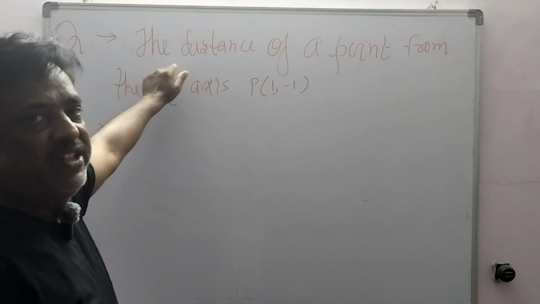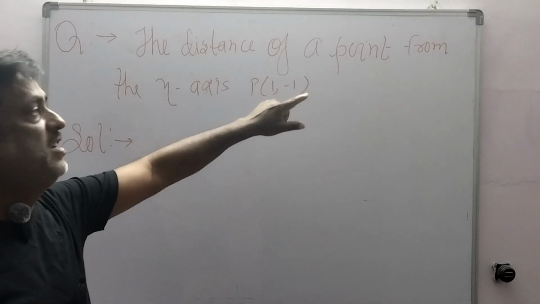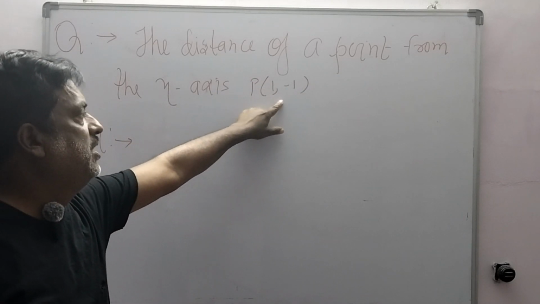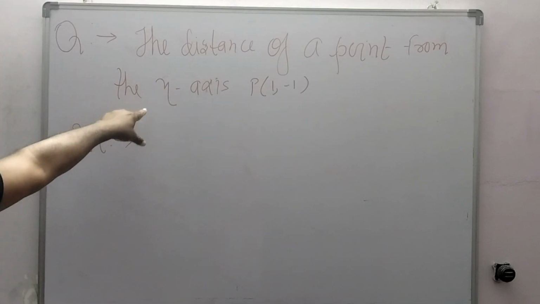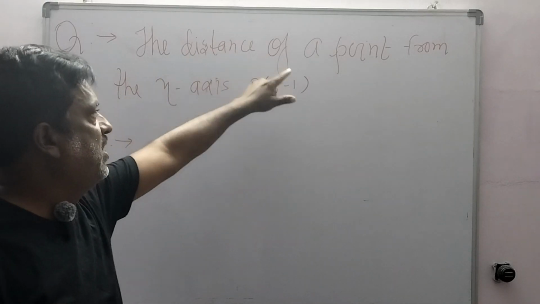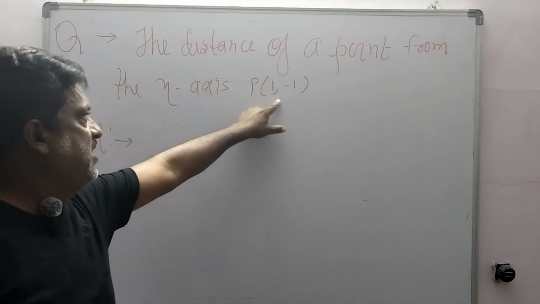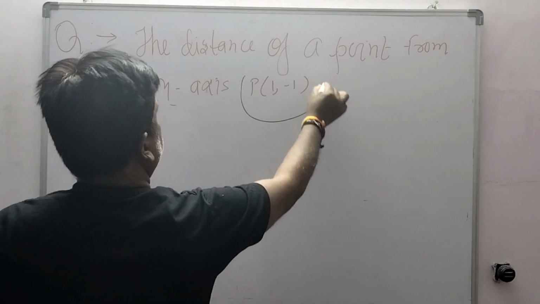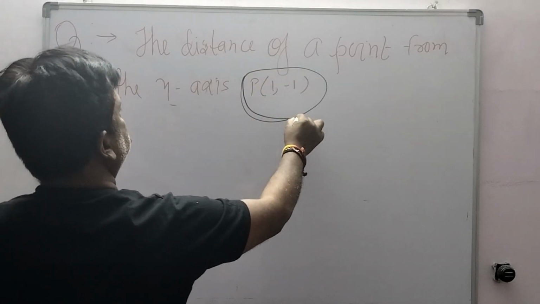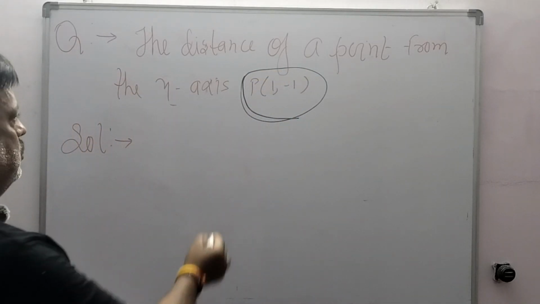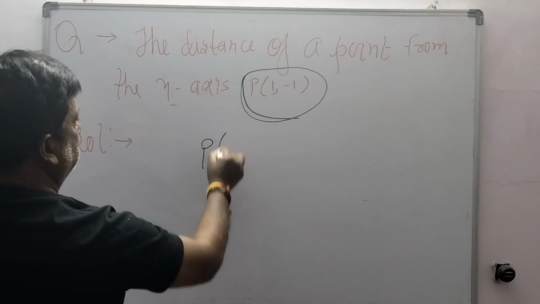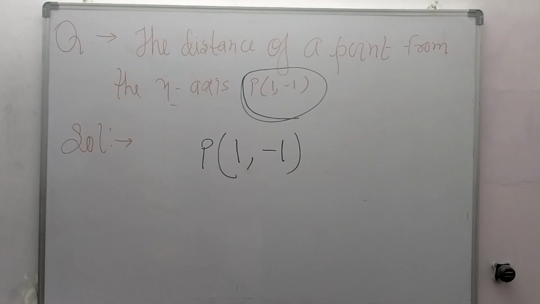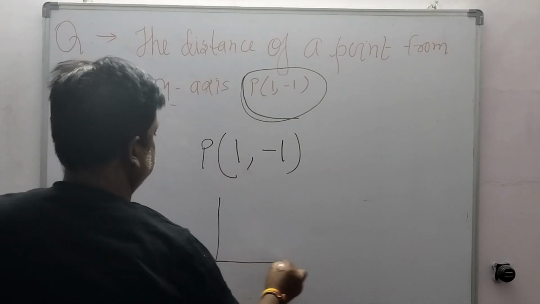Next question we are discussing, friends: the distance of a point from the x-axis. The point is given as P(1, -1). The question is asking for the distance of this point from the x-axis. We have to draw the x-axis and y-axis.